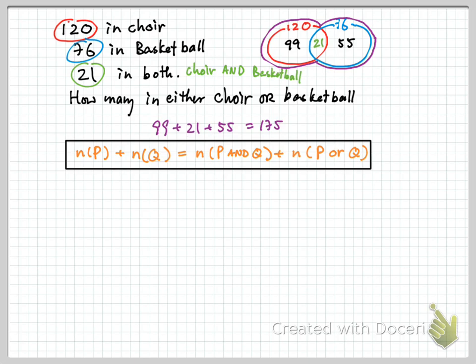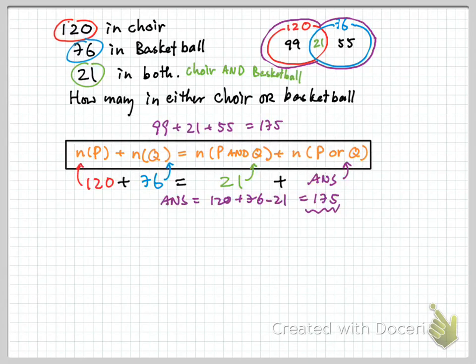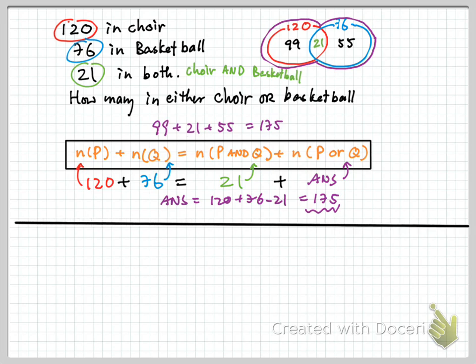So in this particular example, we have 76 plus 120. That's how we find out the number of people in the Venn diagram using this formula in orange.